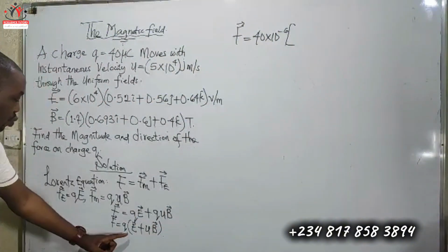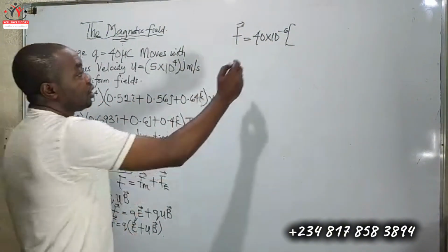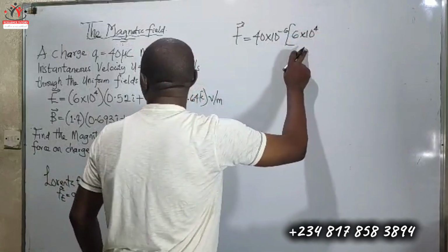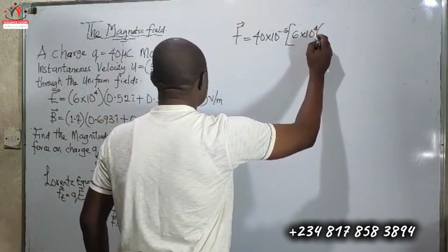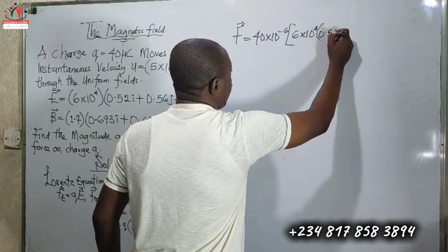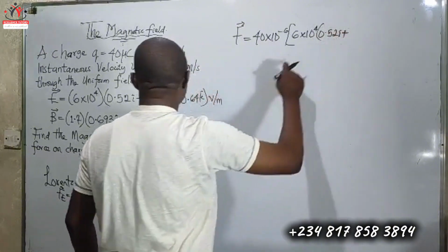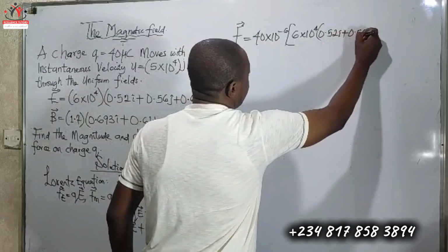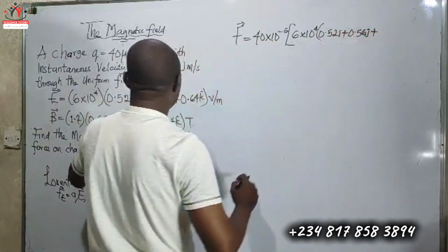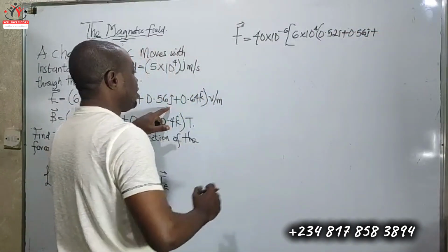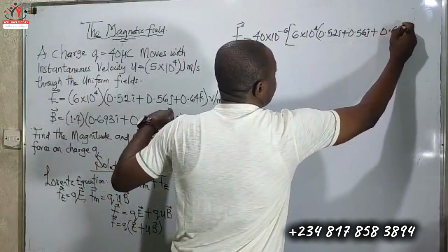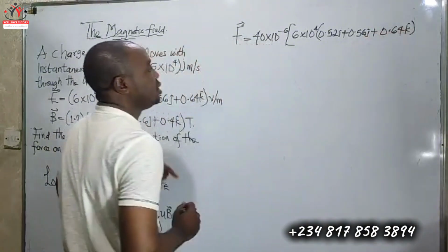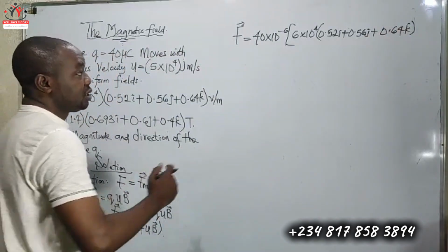The electric field vector is given as 6 multiplied by 10 raised to the fourth, parentheses, 0.52i, which is the unit vector in the x direction, plus 0.56j, the unit vector in the y direction, and also 0.64k, the unit vector in the z direction.